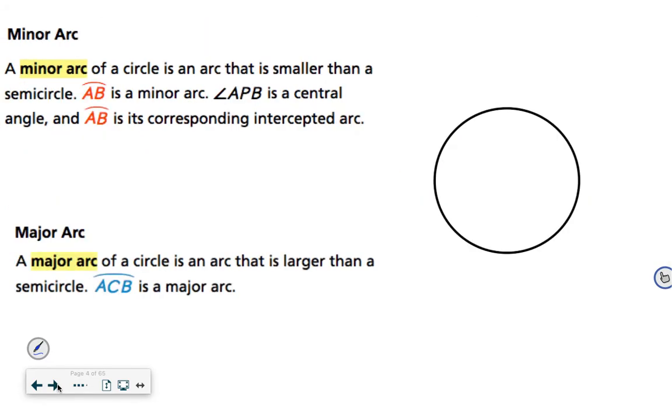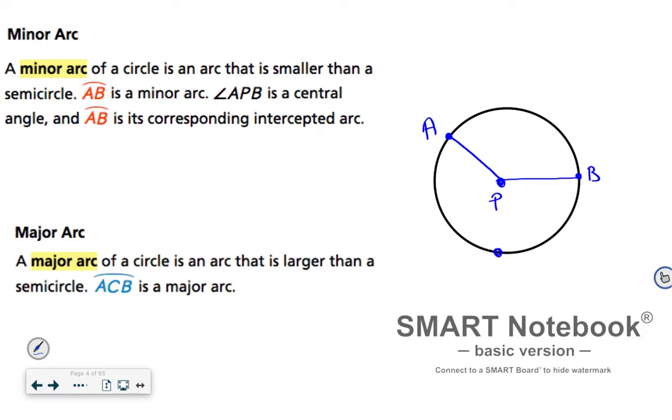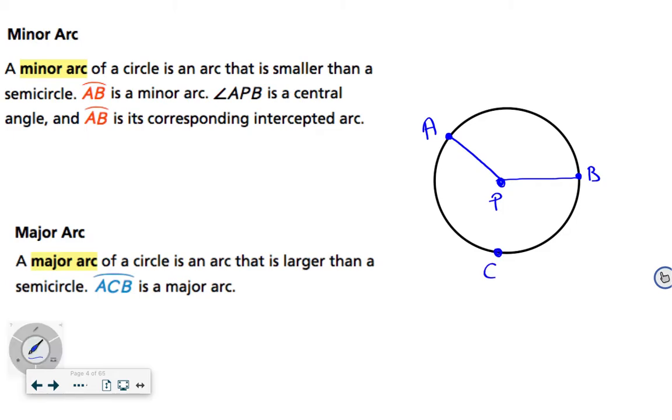What is the minor arc? What is the major arc? If I choose points A, and let's say that this is the circle with the center P and point B. Let me choose one more point C. As I told you before, the part of the circle is called arc.